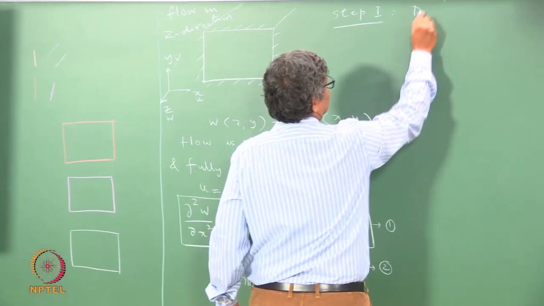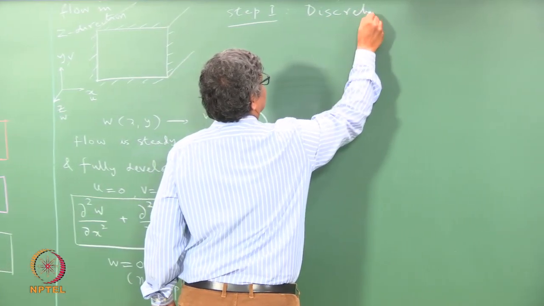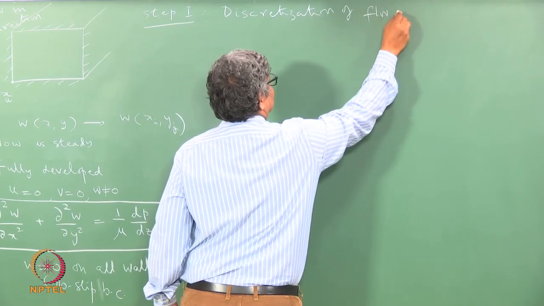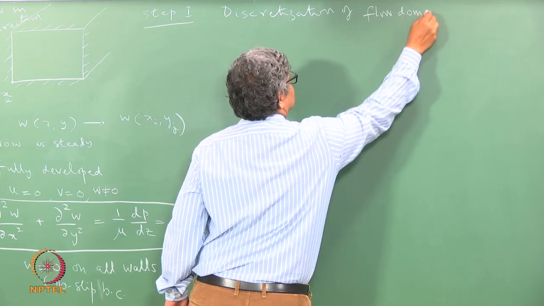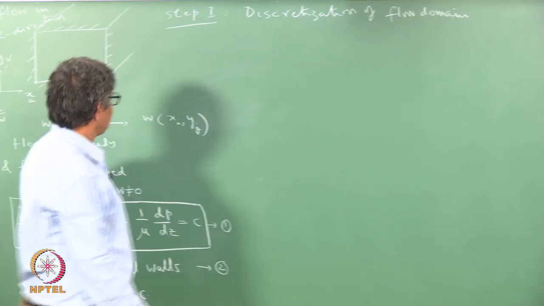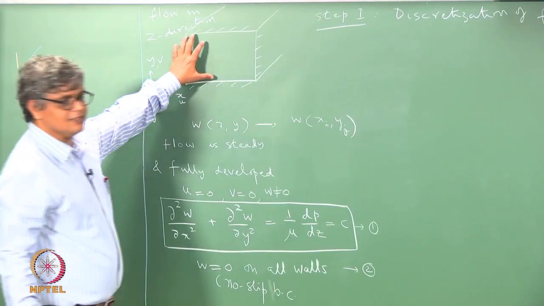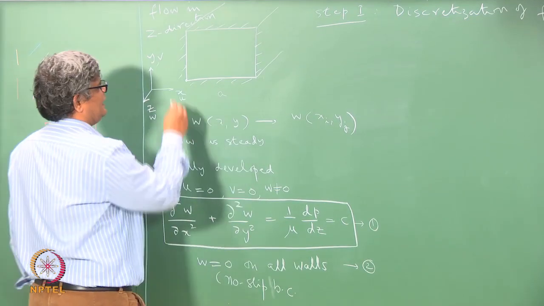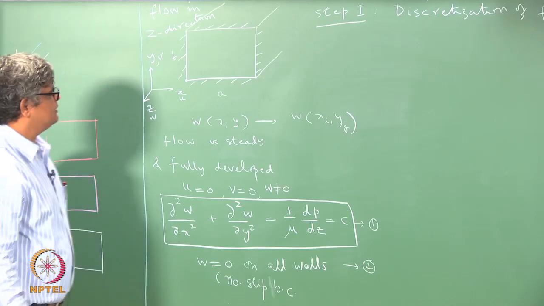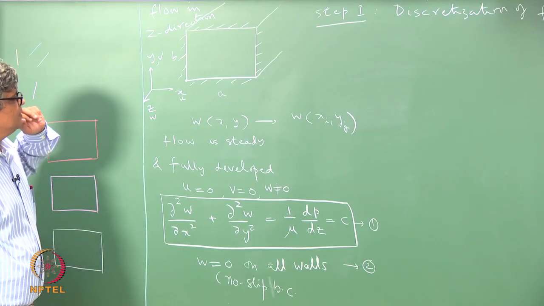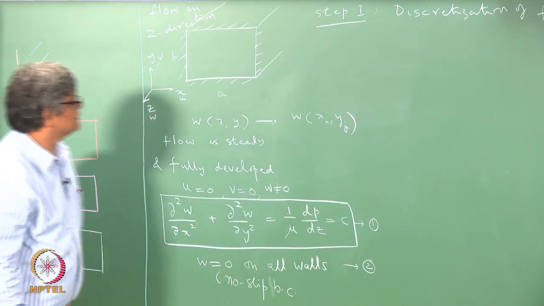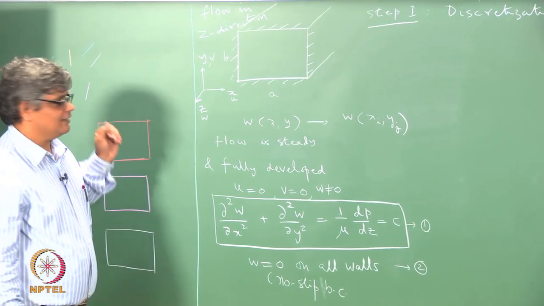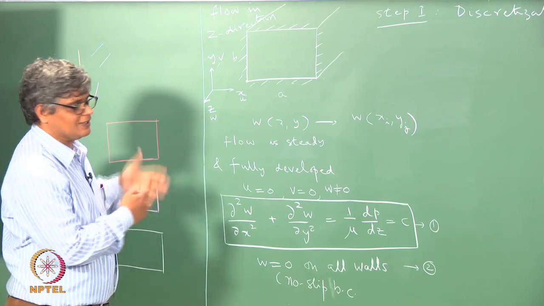So, let us say discretization of the flow domain. In this particular case, this is a flow domain. We know the width A and the height B are given as per the problem, and obviously the constant is given for the problem. Because we are going to do hand calculations, we would like to minimize the number of points.